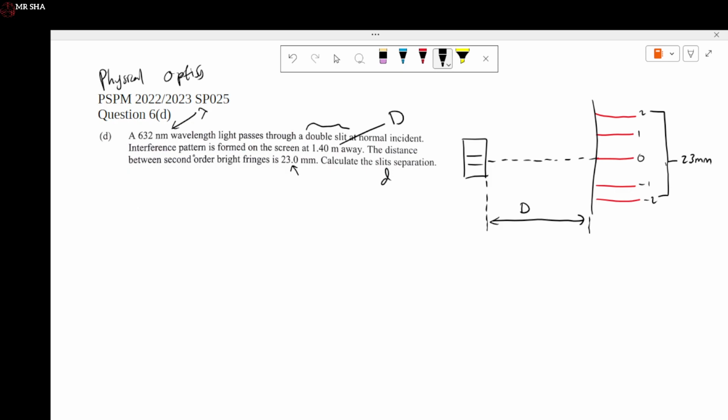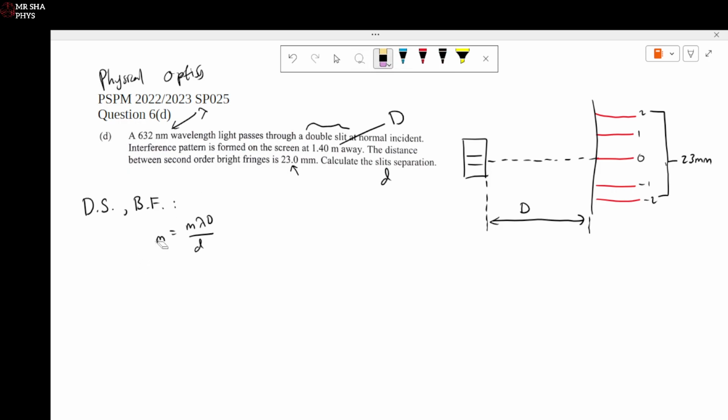Now, for double slit, the bright fringes I will have are y_m equals m lambda D over d. What does this y_m represent?